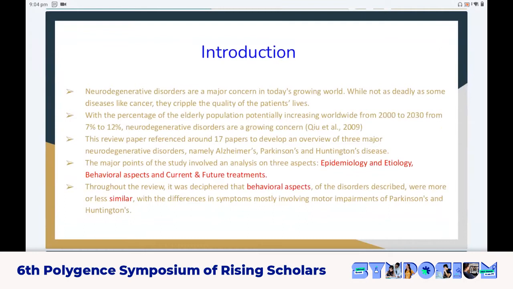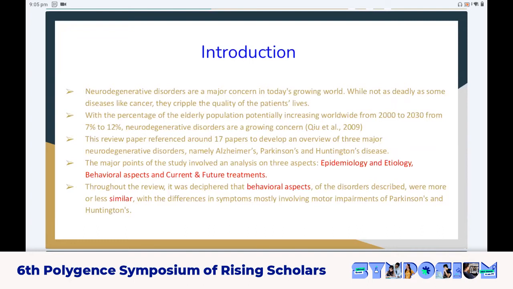As you can see from the data written in this slide, the percentage of the elderly population is increasing from 7% to 12%. These disorders are a major concern as they generally affect the older people in particular. So I took around 17 papers to develop this review.